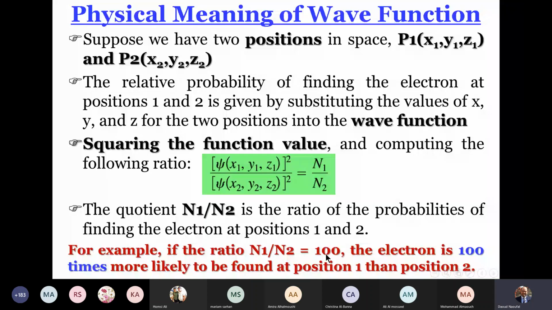That means the electron is 100 times more likely to be found at position 1 than position 2. The probability to find this electron at the given point P1 is 100 times more likely than to find this electron at position 2. This is the reading of the probability of presence of the electron.